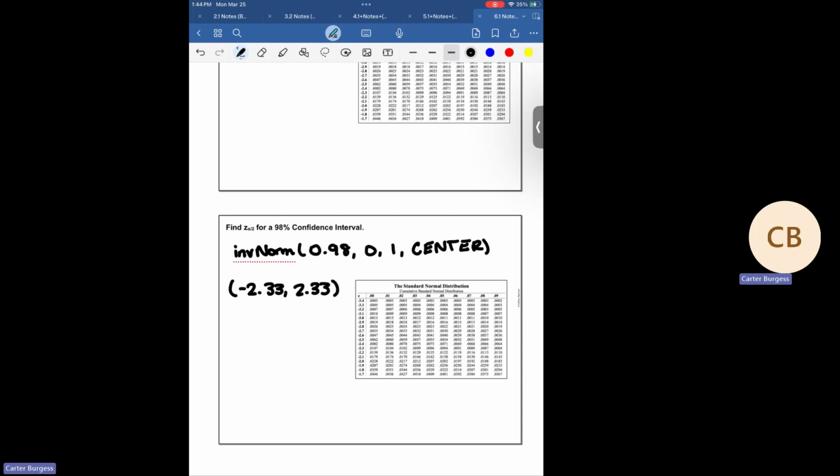How do we interpret what this is telling us? Well, this isn't the interpretation that we're going to stick with, but an interesting thing to note is that 95%, or not 95, right? We're working with 98%. 98% of our data falls between these z-scores.